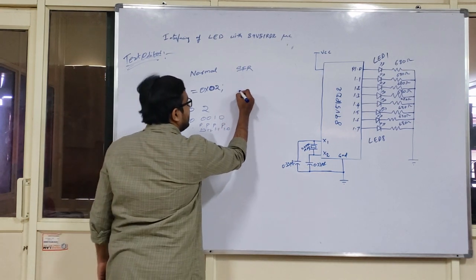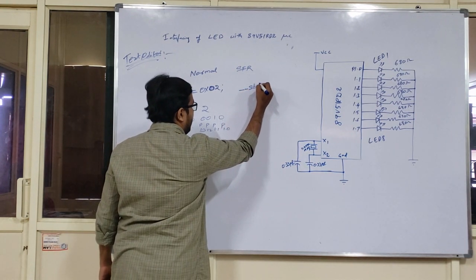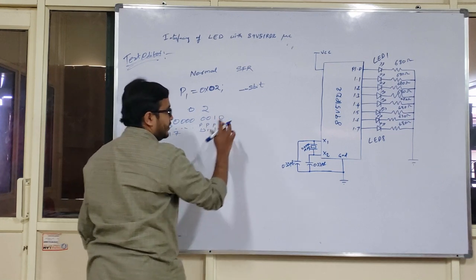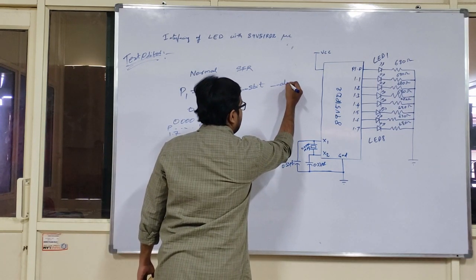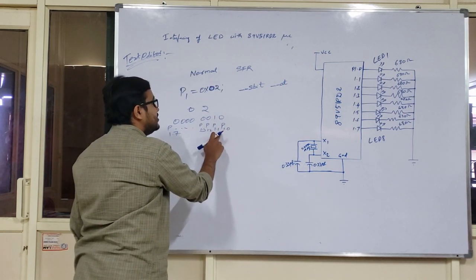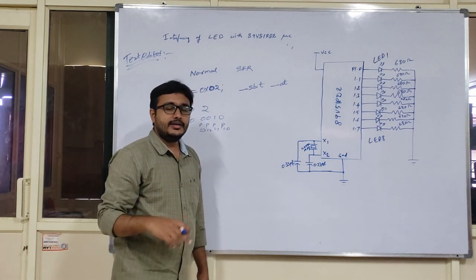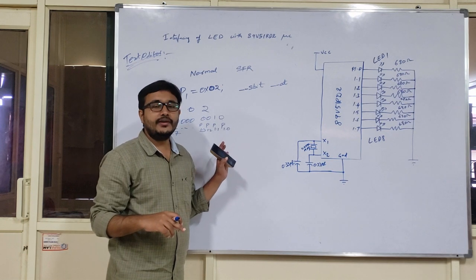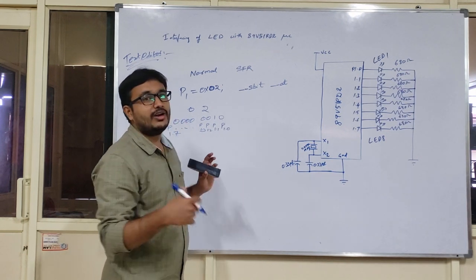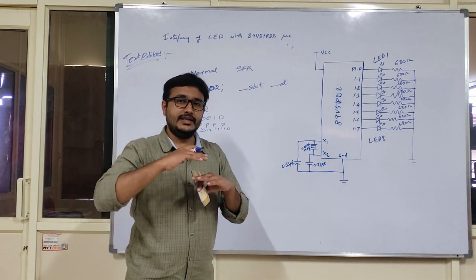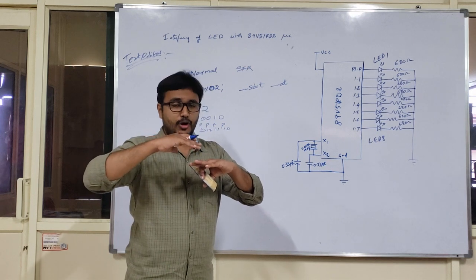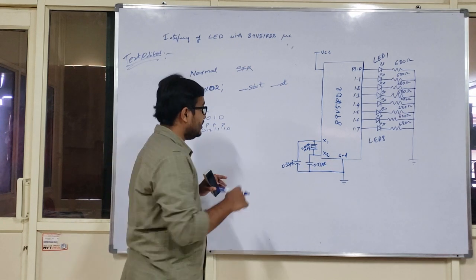What is the programming style I am going to utilize? I am going to use sbit. So this P1.0 address location will be where? This address location of your port 1 will be in the special function registers, which are present above your internal RAM.